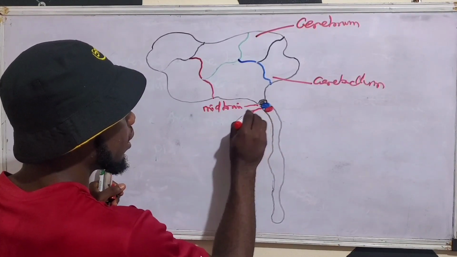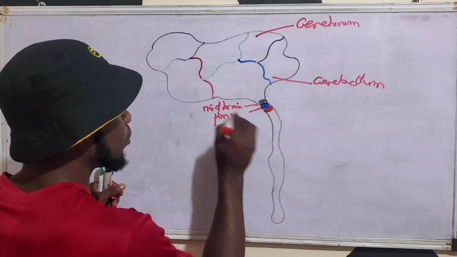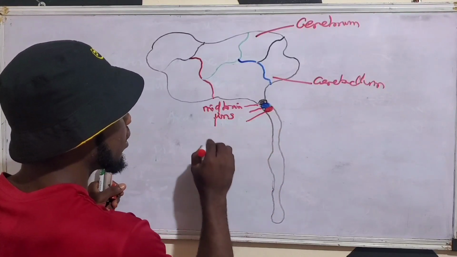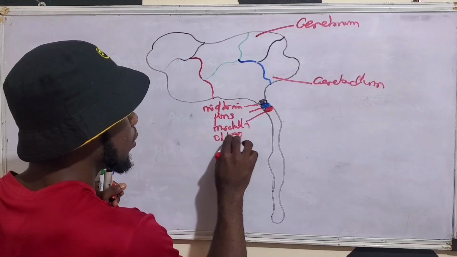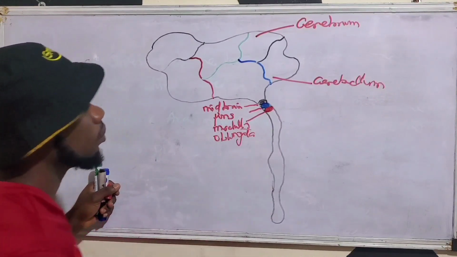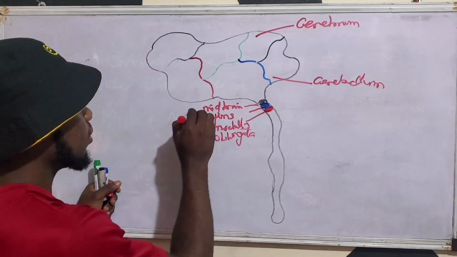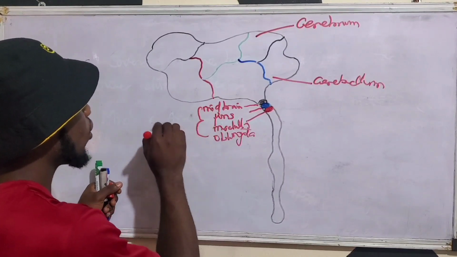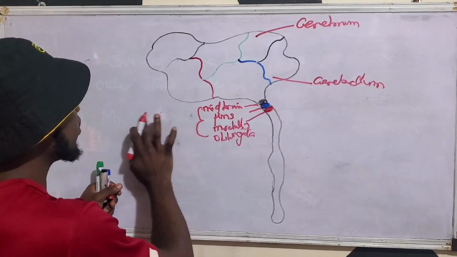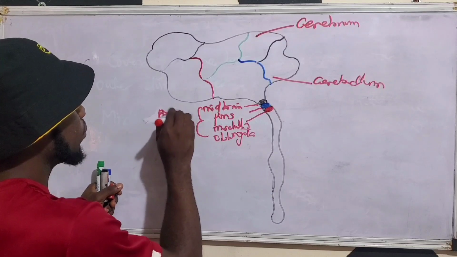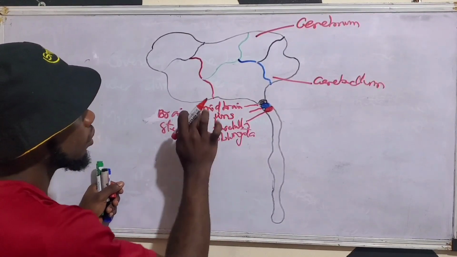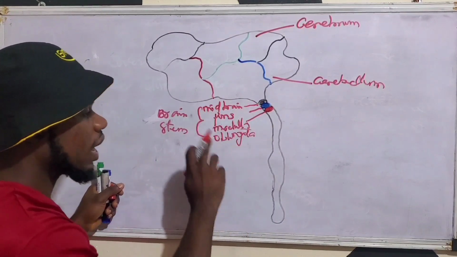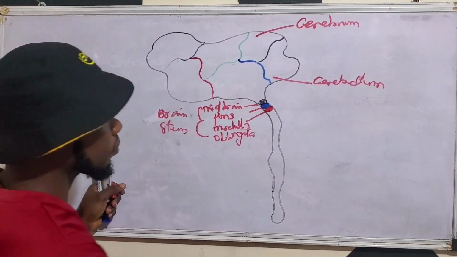This blue guy here is the pons. Now, this red guy here is the medulla oblongata. These three are called the brainstem. So the brainstem is made up of the midbrain, pons, and the medulla oblongata.